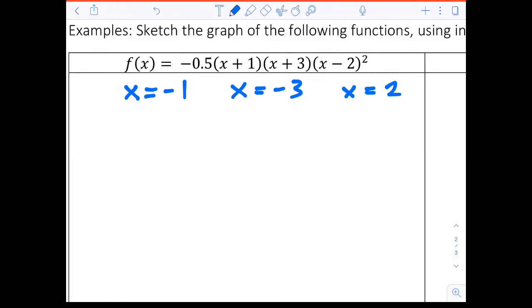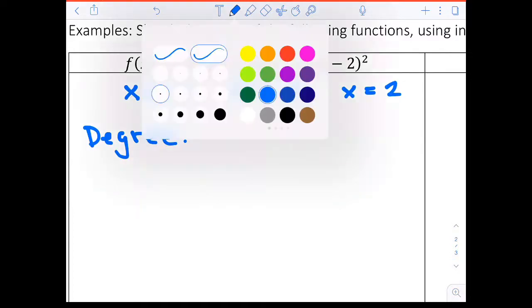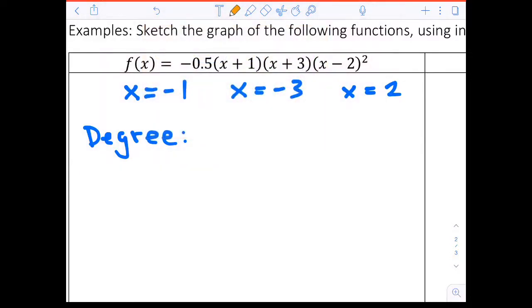Some other important information that we're going to need here is the degree. Now the degree is going to be the highest exponent we have when we multiply all of our x's through. One thing that we can pay attention to is that we have a degree of 1 here, a degree of 1 here, and this second one is x minus 2 squared.